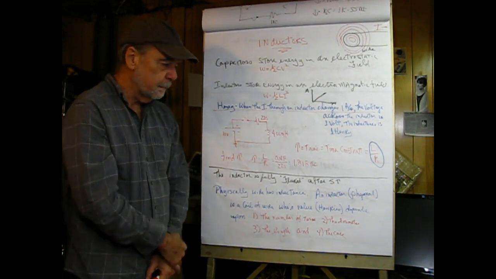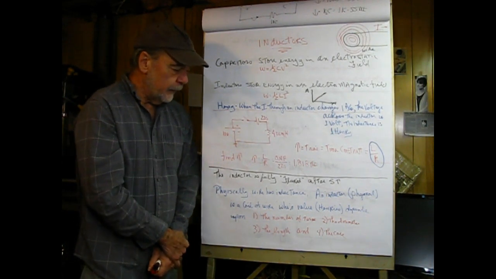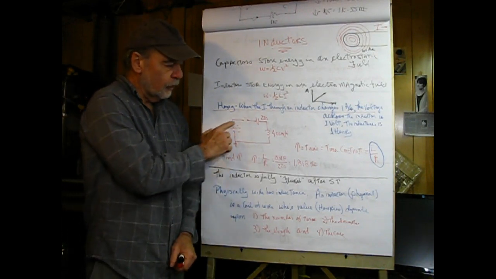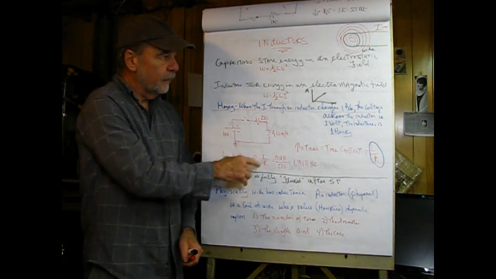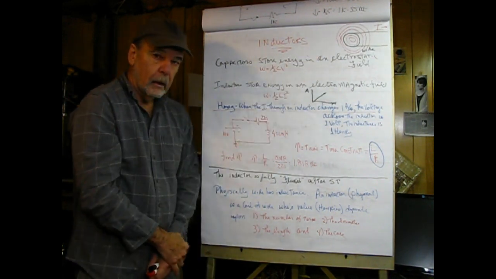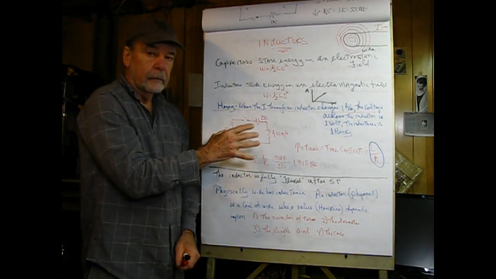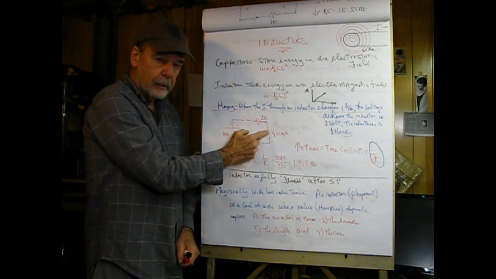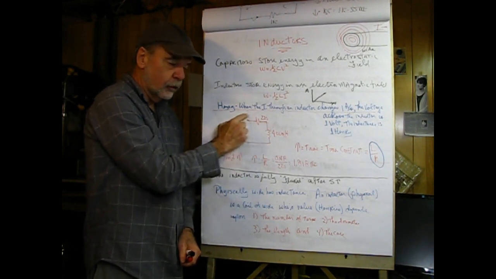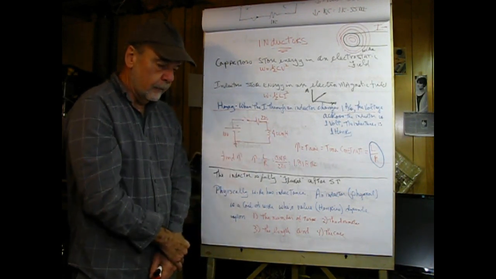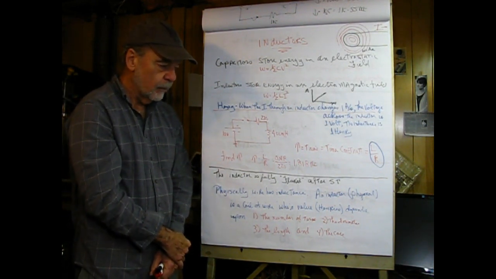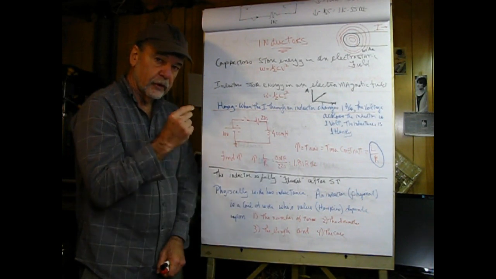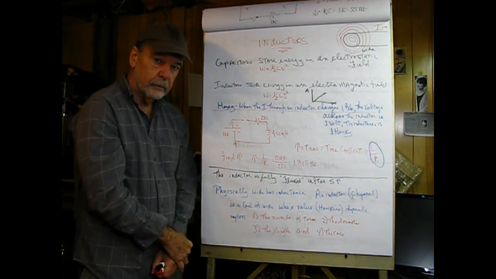Now, when the current starts to flow in this circuit, it builds a magnetic field that cuts the wire, and it produces a counter EMF that opposes the current flow. That very fact, which we'll explore in detail, is why the current doesn't grow instantly to its final value.